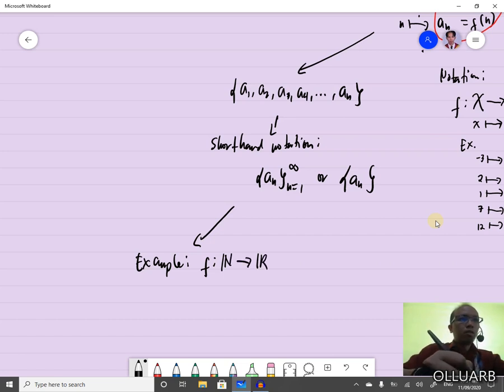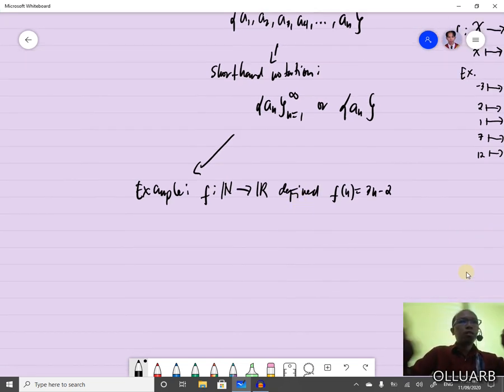You know this notation already. This is the set of, sorry, I think this is the set of positive integers, or depends upon the book, defined by, let's say for example, f of n is equal to 3n minus 2. Okay, so let's try to list the elements of the sequence.